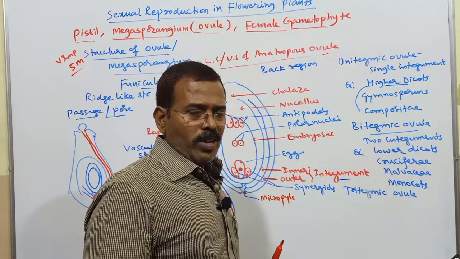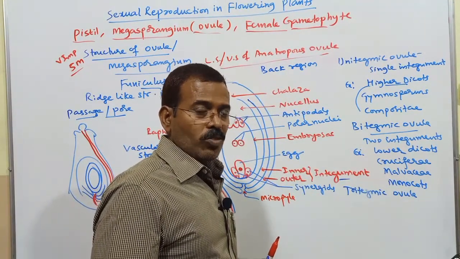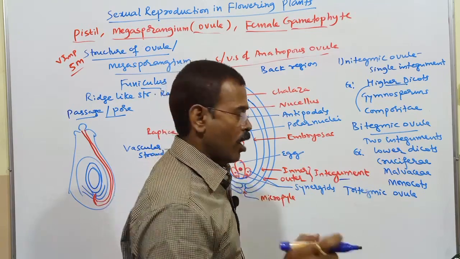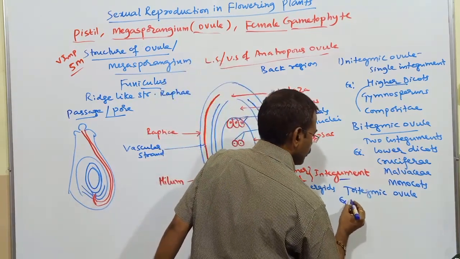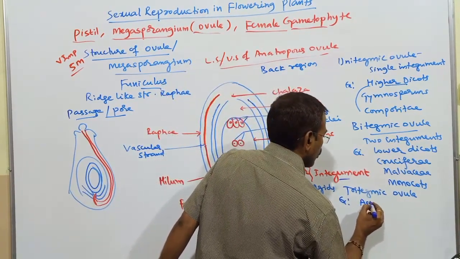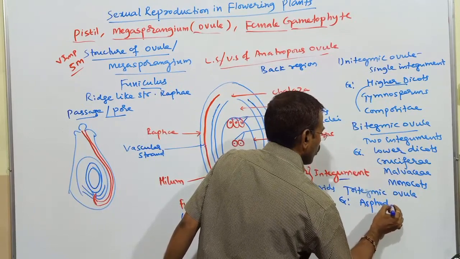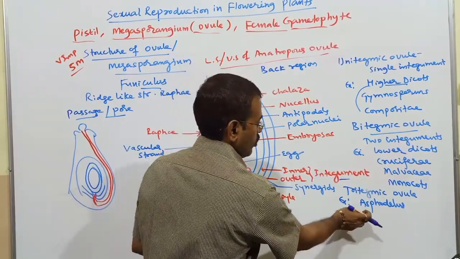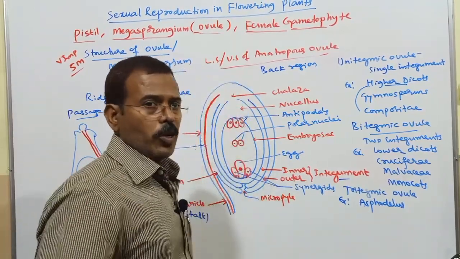When three integuments cover the ovule, it is a tritegmic ovule. It is rare. It is seen in, for example, Asphodelus. In Asphodelus, we can see three integuments.